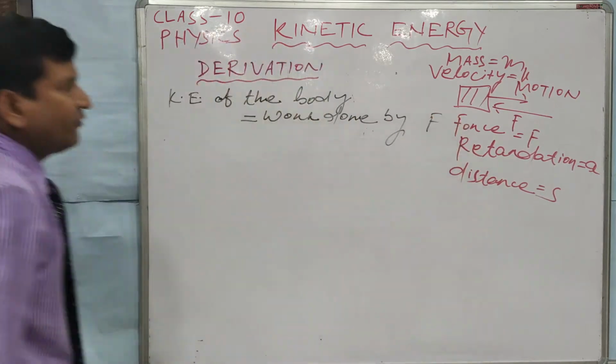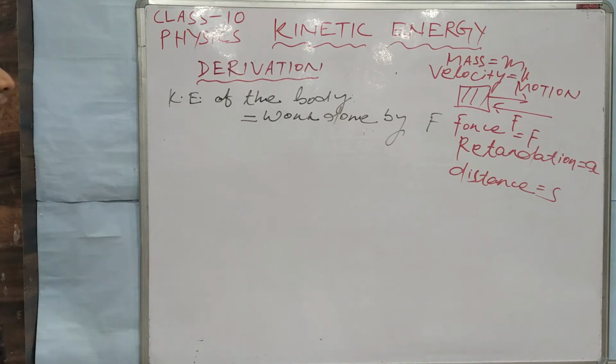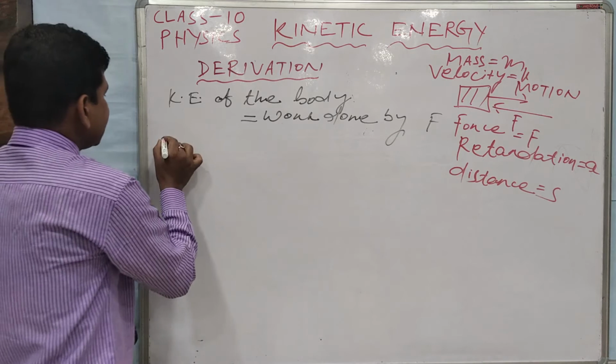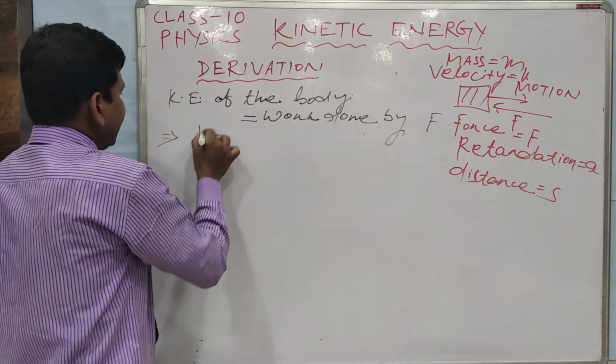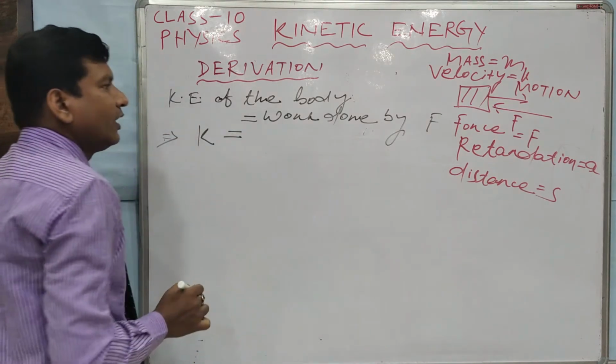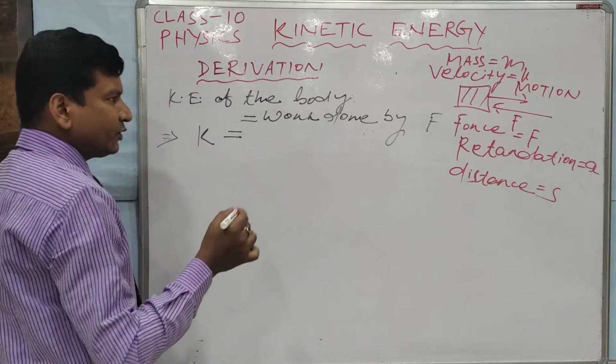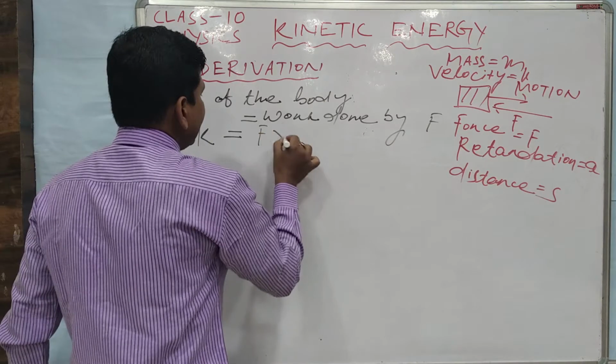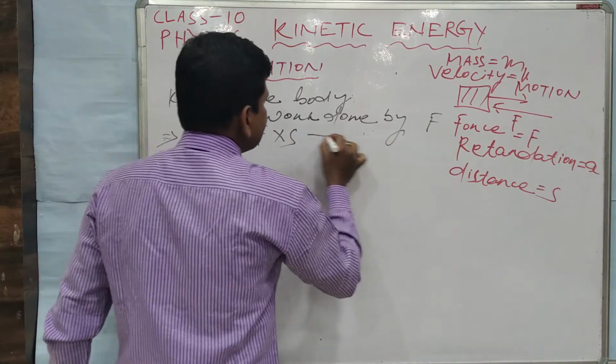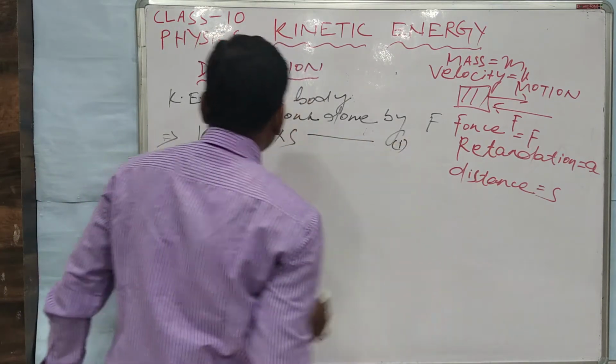Now what is the nature of force? That is the opposing force or retarding force or resistive force. Therefore we can write kinetic energy K is equal to, how can you find work done by the force? Work done W is equal to F into S. So write down F into S. This is your equation number 1.